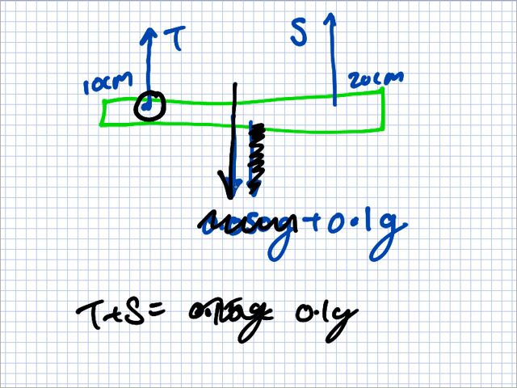What's the distance between here and here? And this is in the middle now. So if that's 0.10, how much is this? It's got to be 40 centimeters. Okay. And is it clockwise or anti-clockwise? Clockwise, yeah. Going this way around. Okay, and what's the distance from here to this guy?